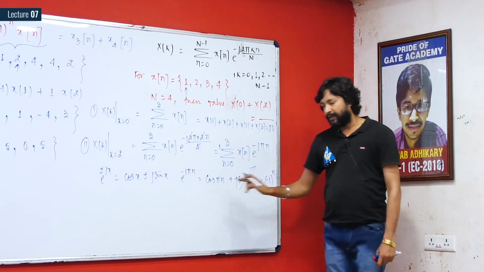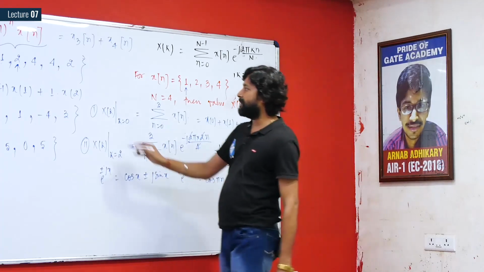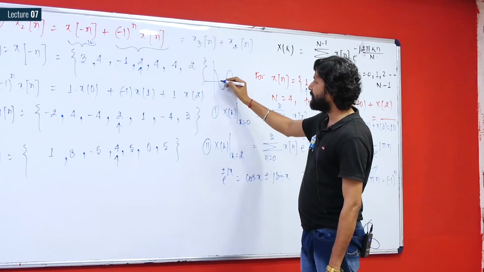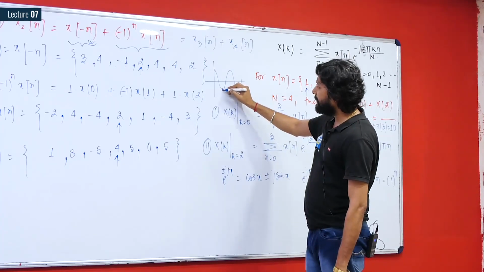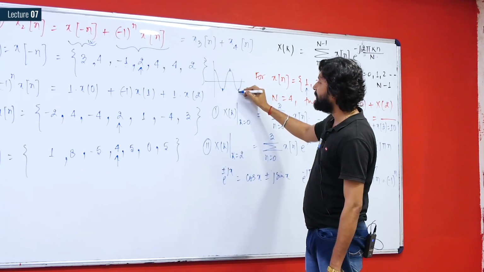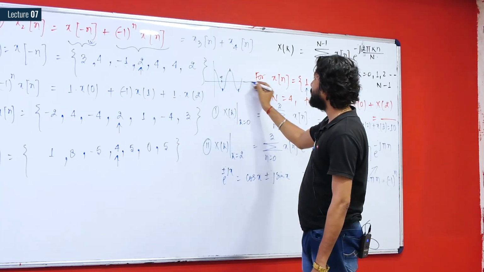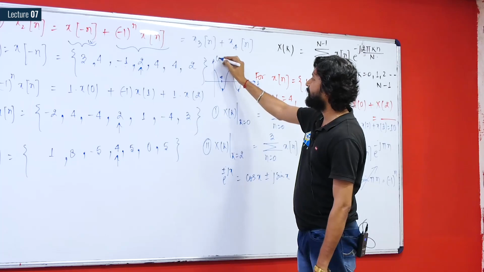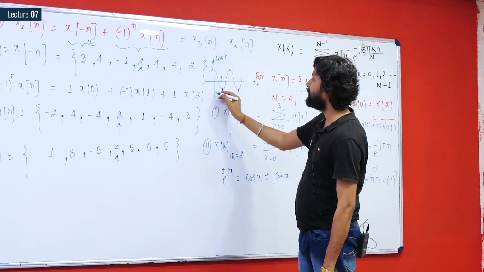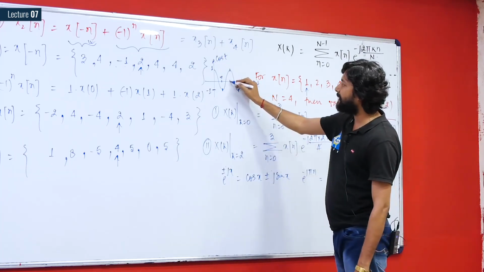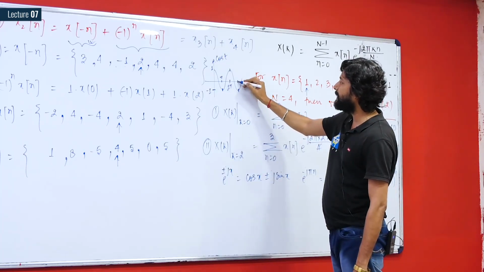If you draw the plot of cos, you know that cos is a function which is either minus 1 or plus 1 at integer multiples of pi. If it is cos t, then the values are plus 1 and minus 1, and these peaks occur at the instants pi, 2 pi, 3 pi and so on.